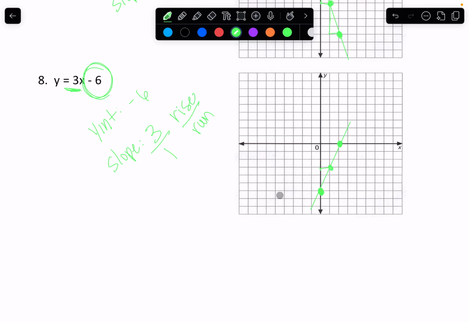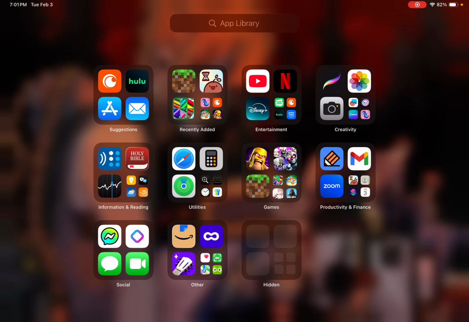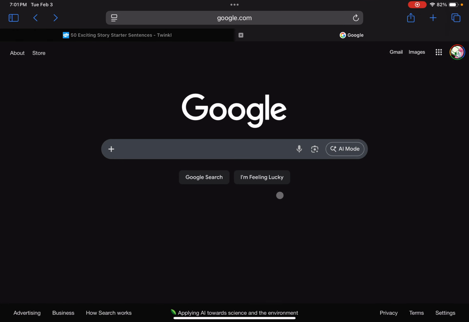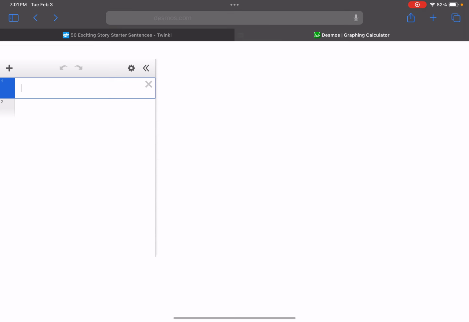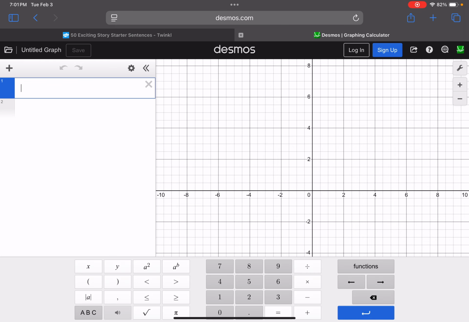Okay, so what I'm going to do is I'm going to run to Desmos really quick. I'm going to put in some equations, and we're going to see how easy it is when it's in this format.